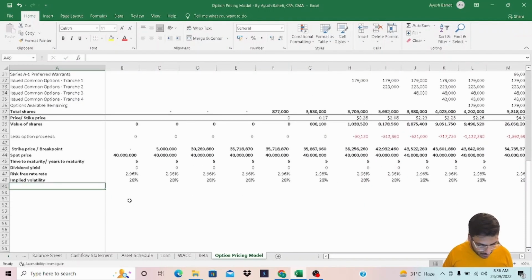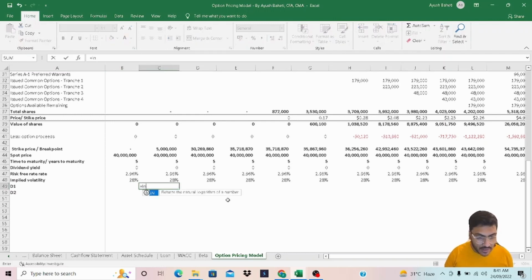So I will type D1 and D2. What was the formula of D1? That is the natural log of spot price divided by strike price, then plus the risk-free rate, plus volatility raised to the power 2 divided by 2.